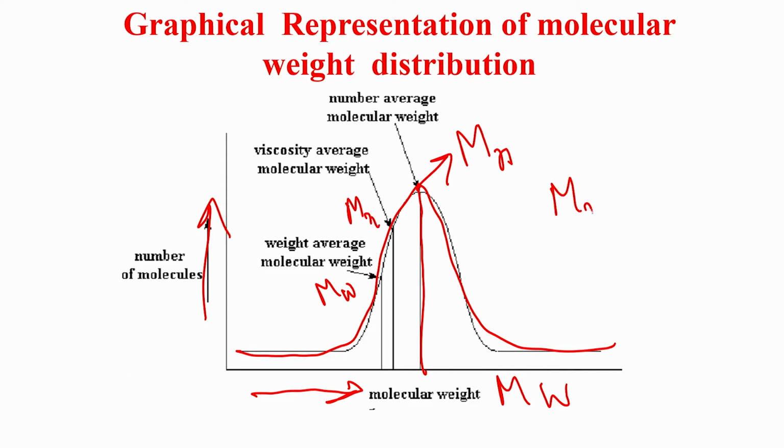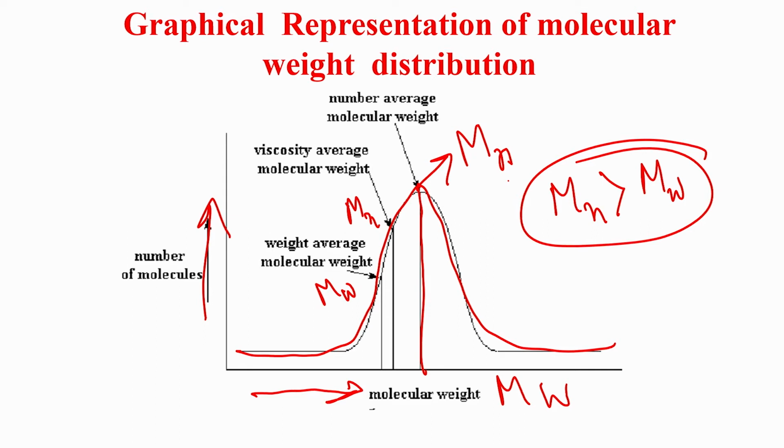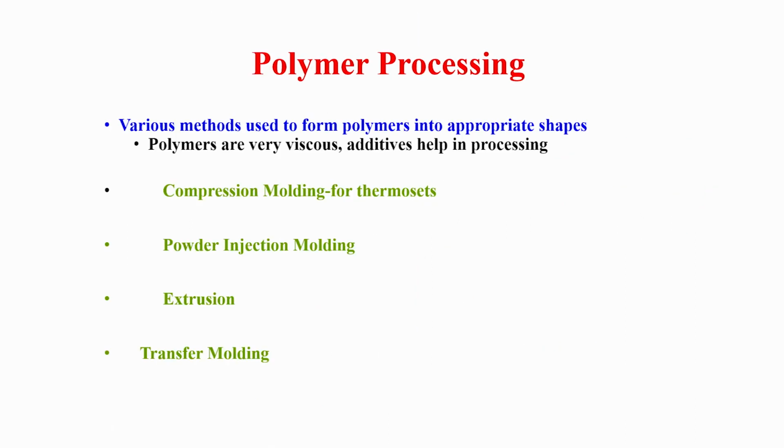So, it is very clear that Mn is typically greater than Mw. Okay. So, this is how the molecular weight distribution curve looks for a hypothetical polymer.